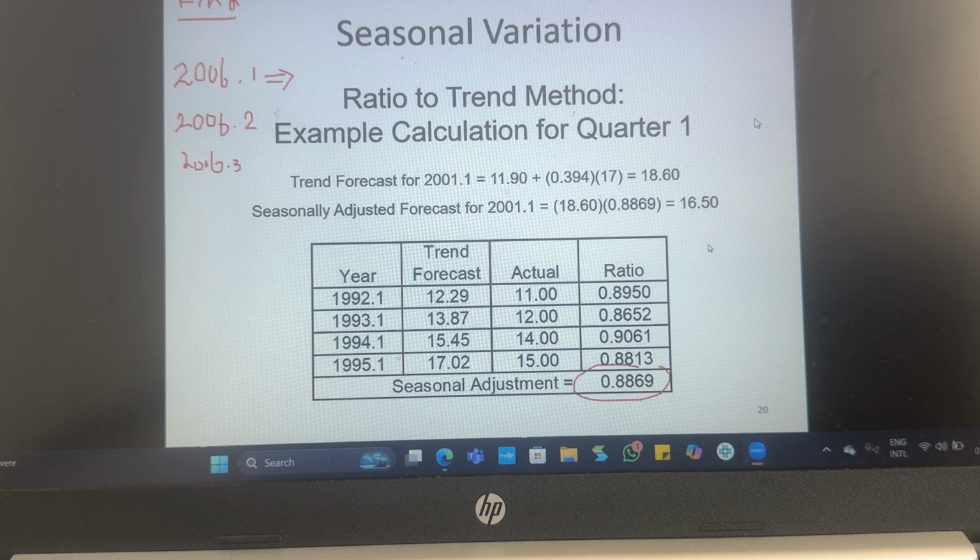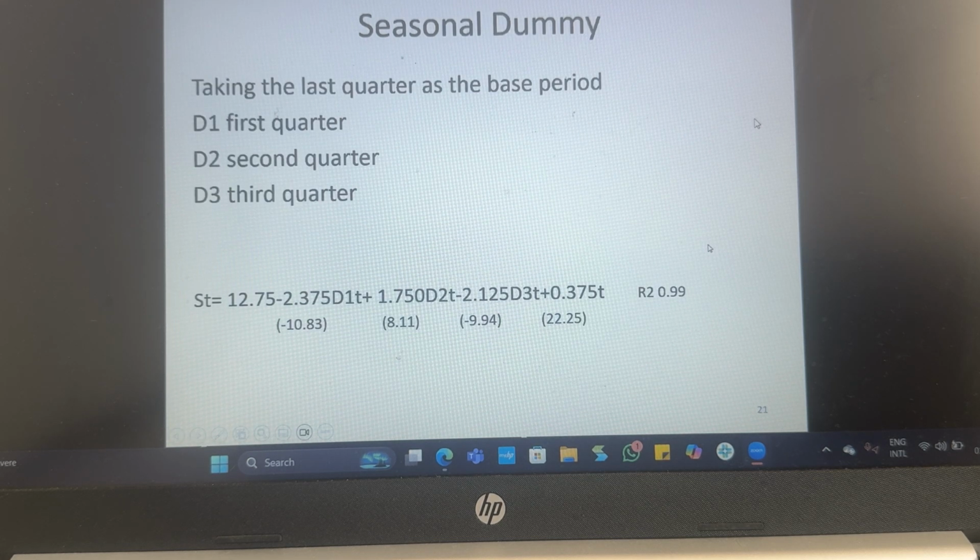And the next one is seasonal dummy. We use a dummy variable for a categorical variable. If there is a categorical variable to represent in regression analysis, we use a dummy, and for a qualitative variable also we use a dummy. Here we have 4 quarters, and we need 3 dummies.